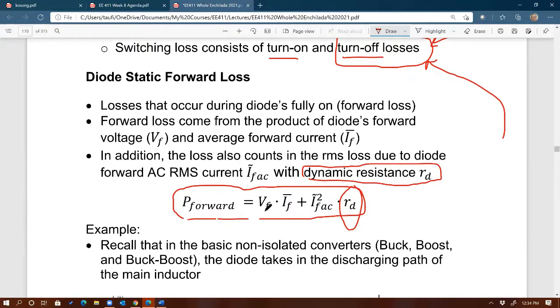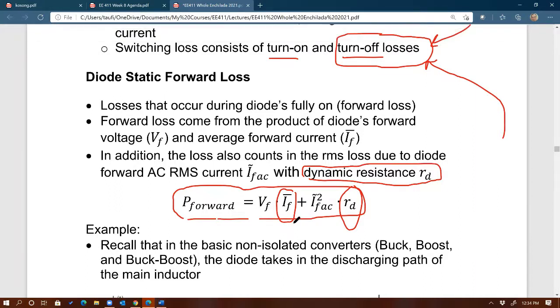And VF and IF, that's something that you already know from EE411. Especially IF, that we looked at in EE411 when we look at average current through the diode, right? So you should know how to calculate this from EE411. VF is a number that you get from the IV curve.